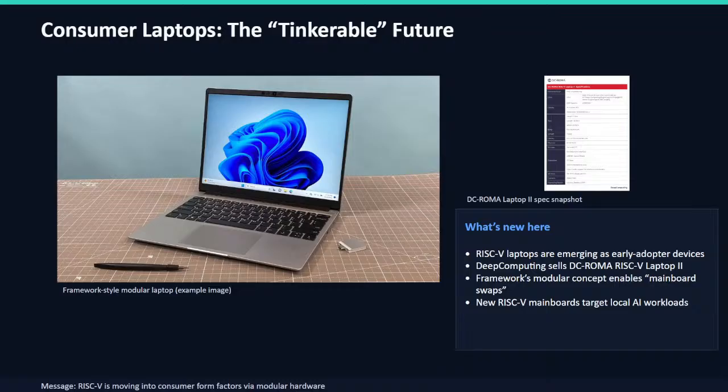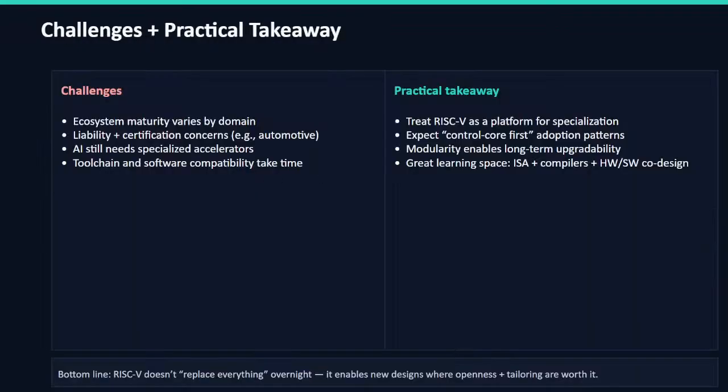The message isn't that RISC-V laptops are instantly mainstream. The message is that the hardware form factor is here. The openness plus the modular hardware is what makes implementation practical.